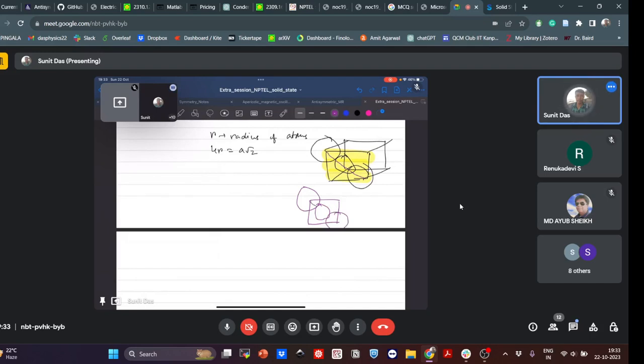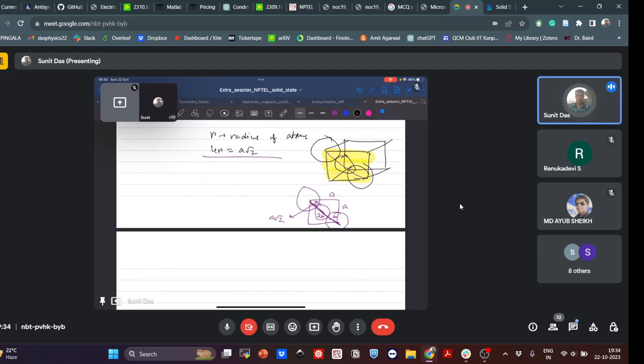But anyway, so this is r, this is 2r, this is again r, right? And this is a, this is a. So that means the total diagonal will be a root 2. This is what I have written. 4r equal to a root 2.